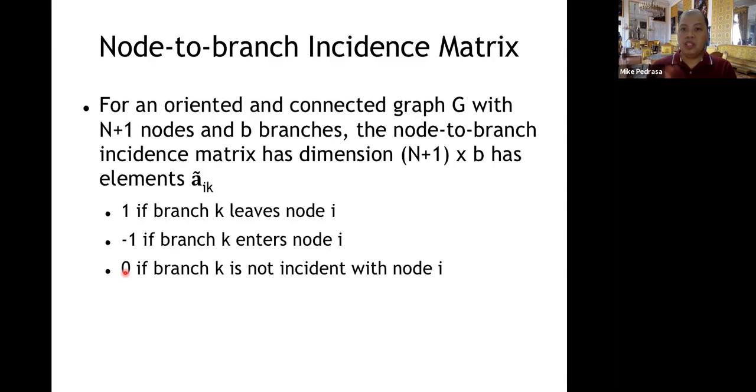So essentially, we are using a matrix to describe the incidence of nodes to branches. If a branch is not incident to a node, the entry is just 0. However, if a branch leaves a node, the entry is 1. And if a branch enters a node, the entry is -1.